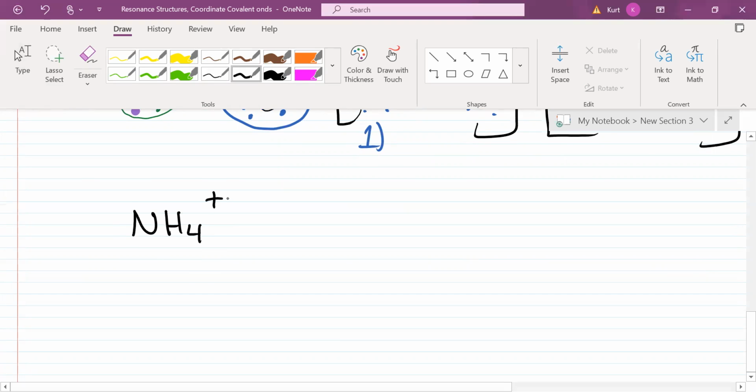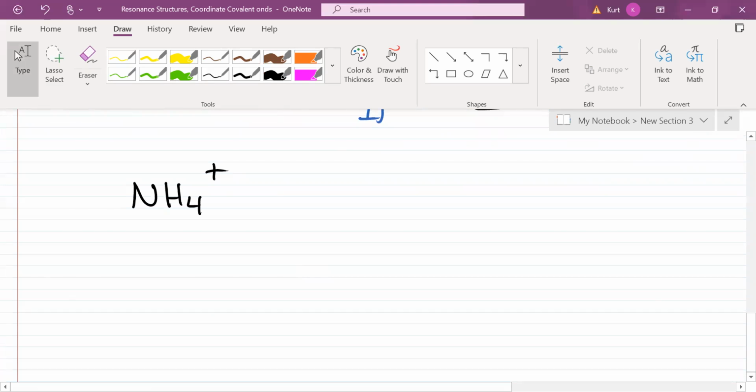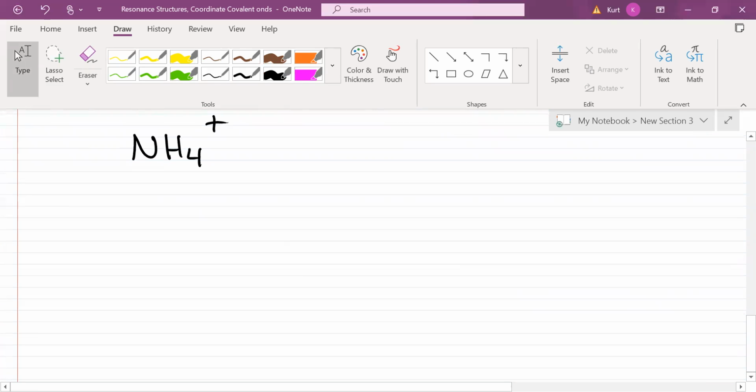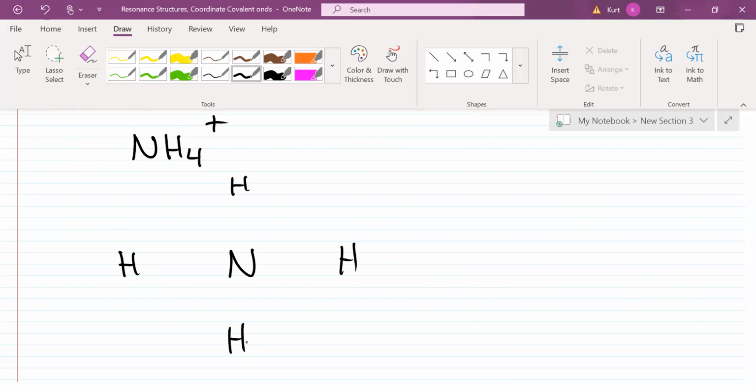NH4 with a positive 1 charge. Ammonium. Ammonium is missing a valence electron. Keep that in mind. Is there any coordinate bond? When it has a positive 1 charge, does that mean an electron was added or an electron was taken away?